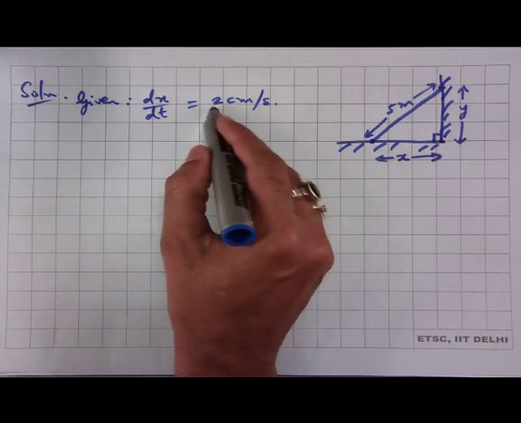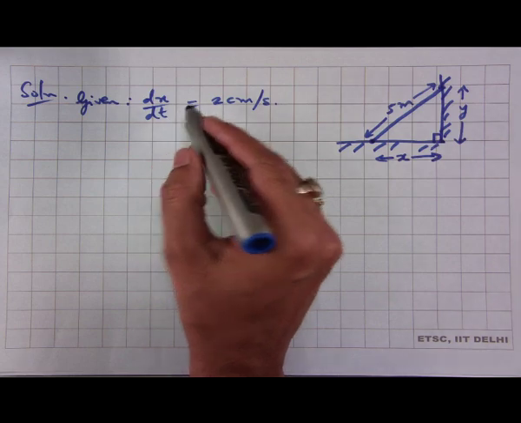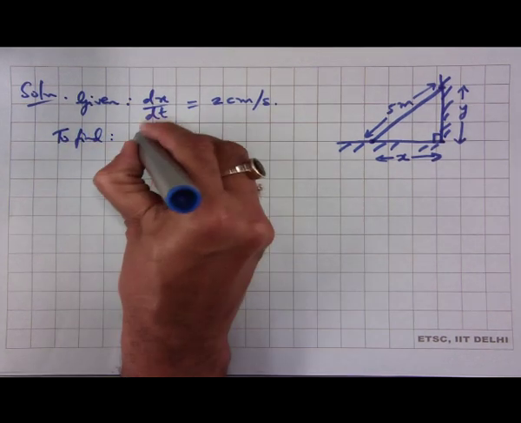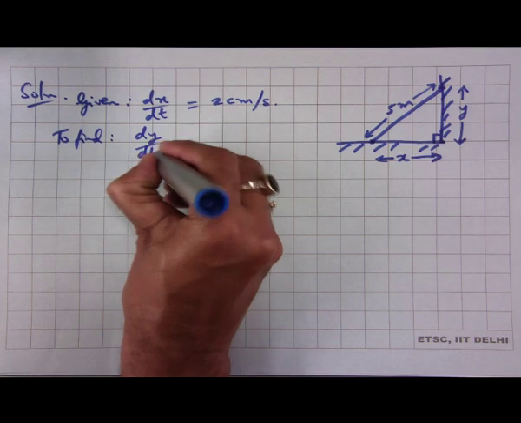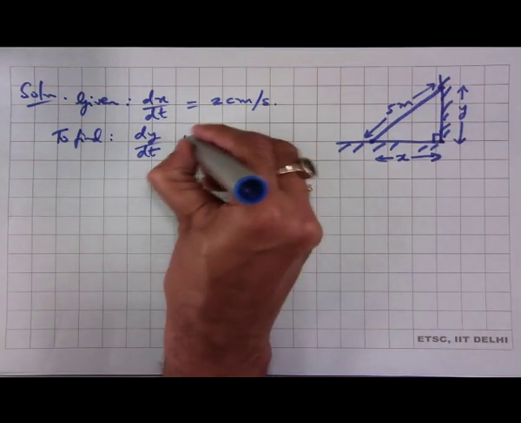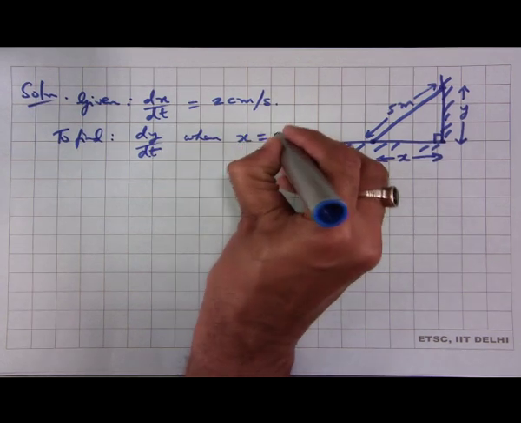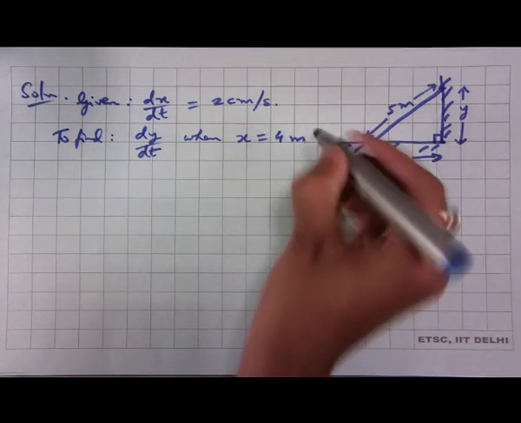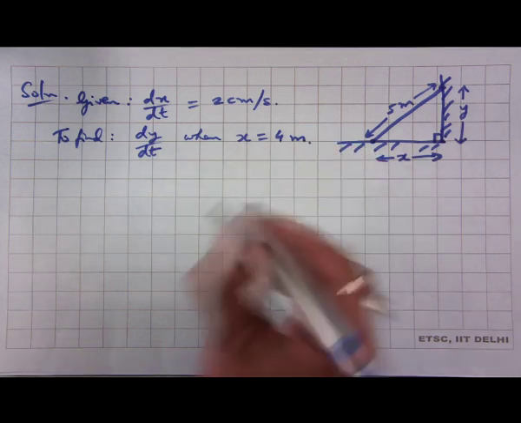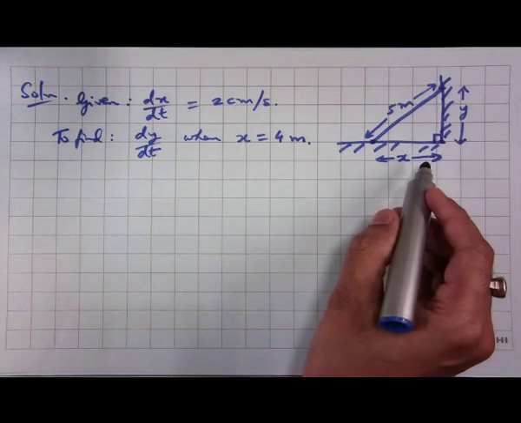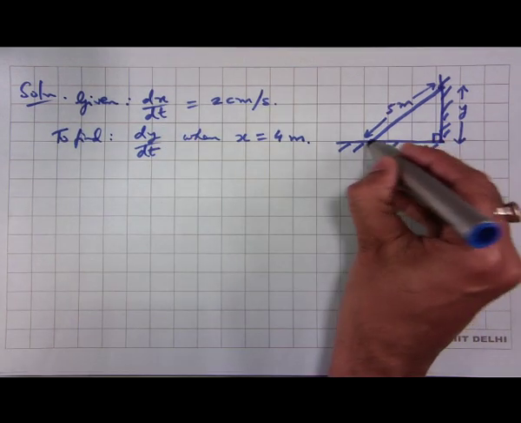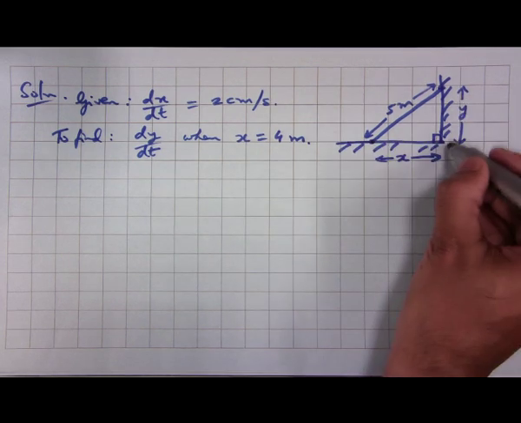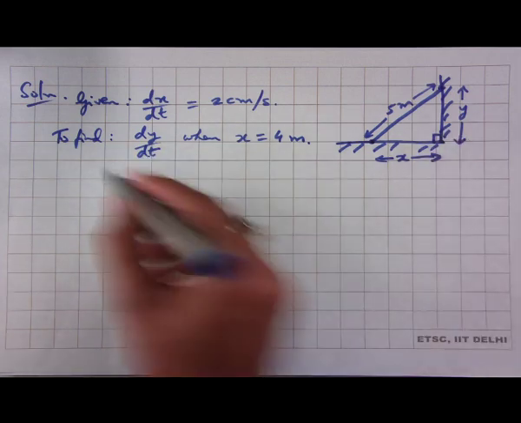So, this is with positive sign, and we have to find dy/dt when x is equal to 4 meters. So, when the ladder is pulled, x is increasing and y will be decreasing. So, dy/dt will come out to be negative.